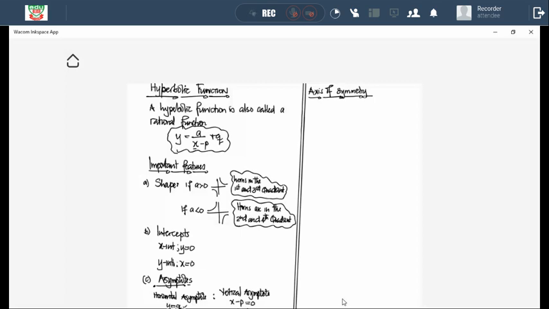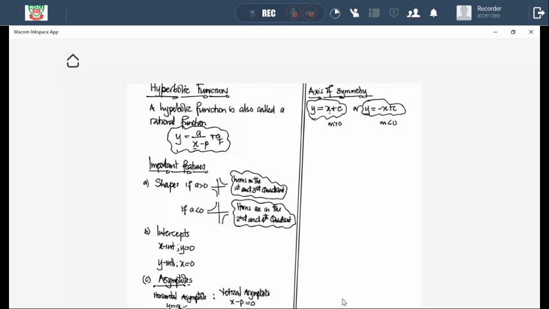When you're dealing with a hyperbolic function, one way of getting its axis of symmetry is by using the equations y equal to x plus c, or y equal to negative x plus c. So there are two of them, one with positive gradient, the other with negative gradient. Those are your axes of symmetry.